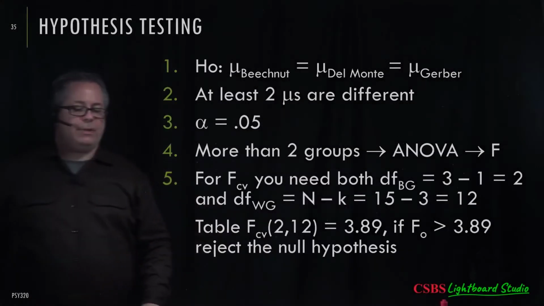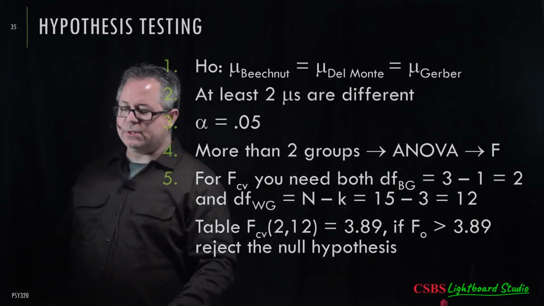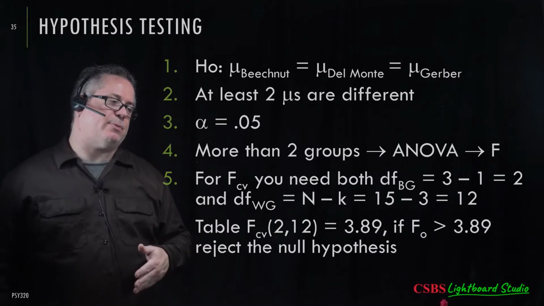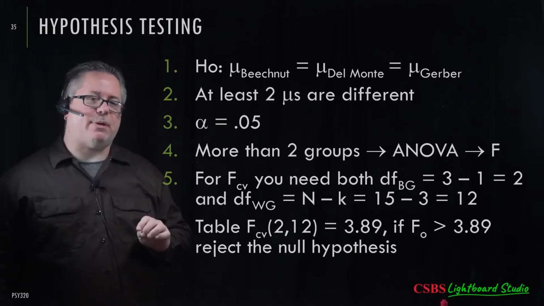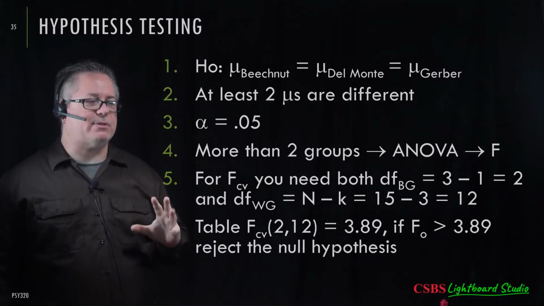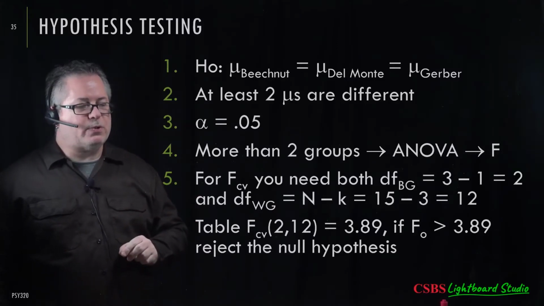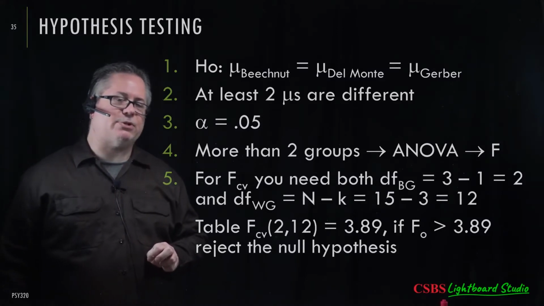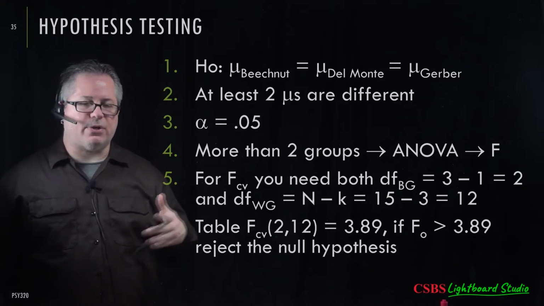So even though in some ways analysis of variance is a little bit more complicated than, say, a t-test, one of the nice things about ANOVA is it's considered an omnibus test. Omnibus is a funny word, but it means that the idea of thinking about one-tailed versus two-tailed tests goes out the window.